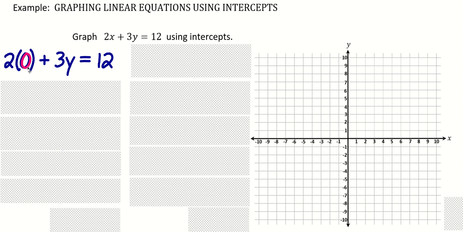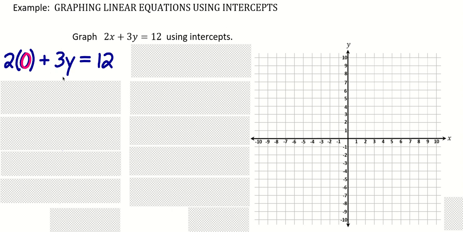You can plug in 0 for x. And then when you solve for y, that's going to be your y-intercept. So you have another way other than slope-intercept form and the b value. You could also plug in 0 for x.